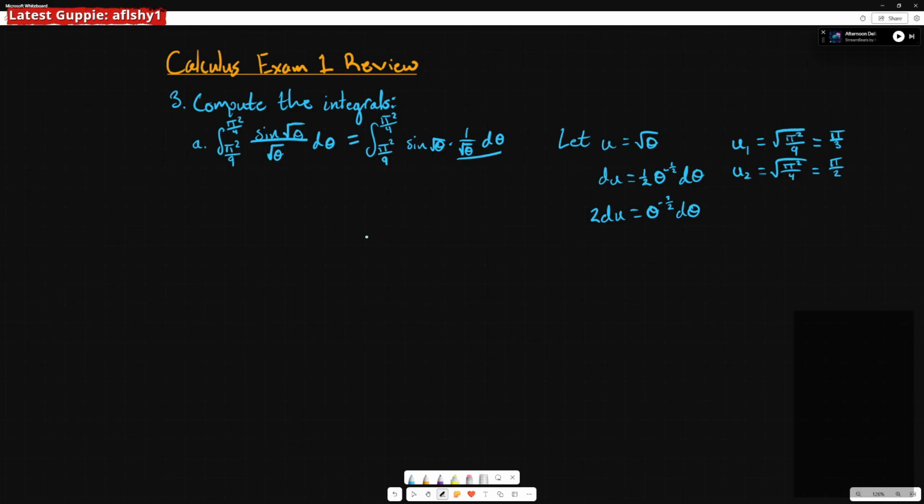And so this is equal to that, because this is equal to 1 over square root of theta d theta. Right? So it does work.